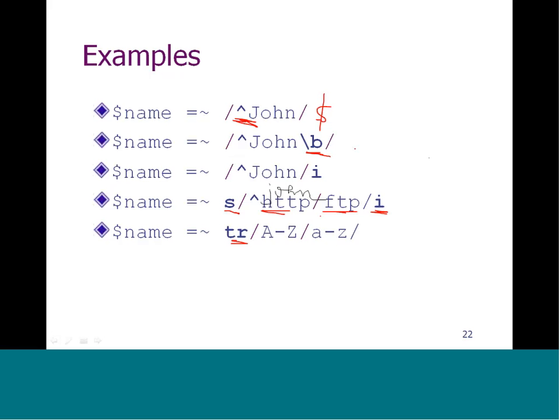In this case, the TR stands for the transliteration operator, and TR essentially changes the case. In this example, all the uppercase will be converted into lowercase. So it takes the dollar name, and wherever HTTP is found, it replaces it with FTP.